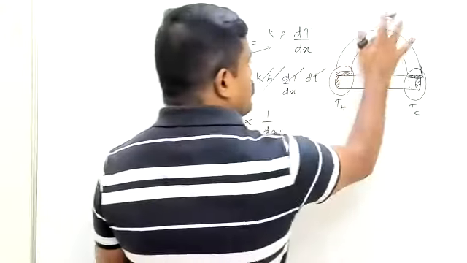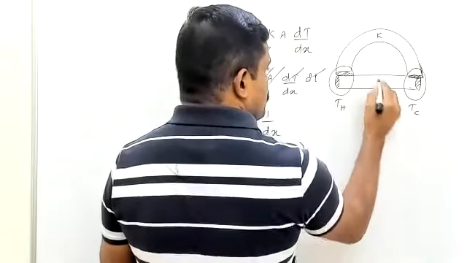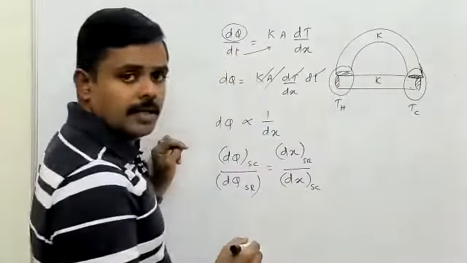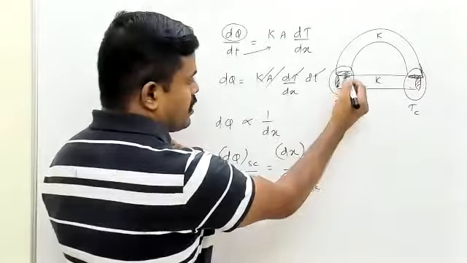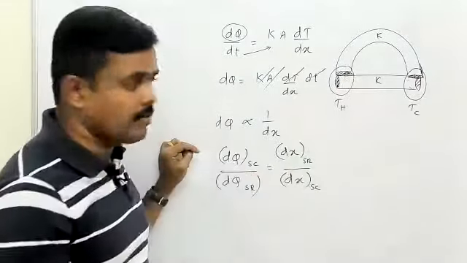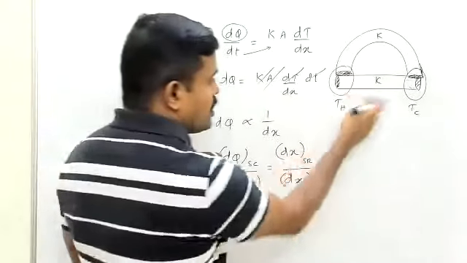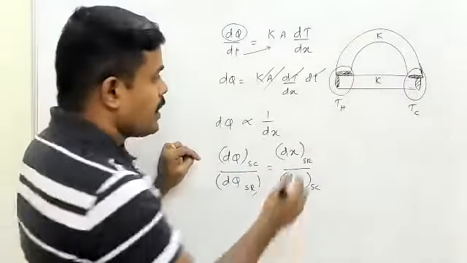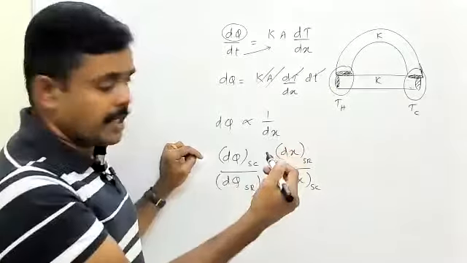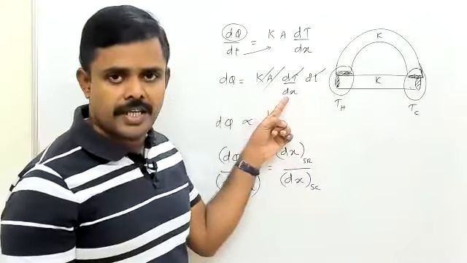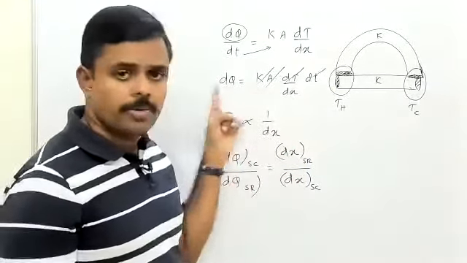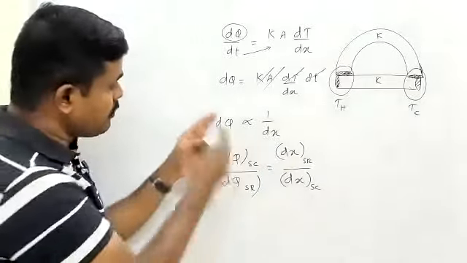Area of cross section is same for both. dT, temperature difference is same for both, right? Both are together here, both are together here, right? Then small dt is also same. Then the only thing that varies is dx. So dQ is proportional to 1 by dx. So they are inversely proportional.